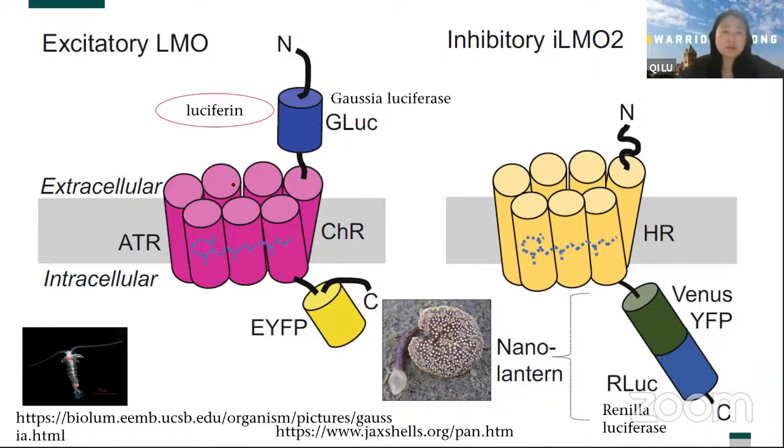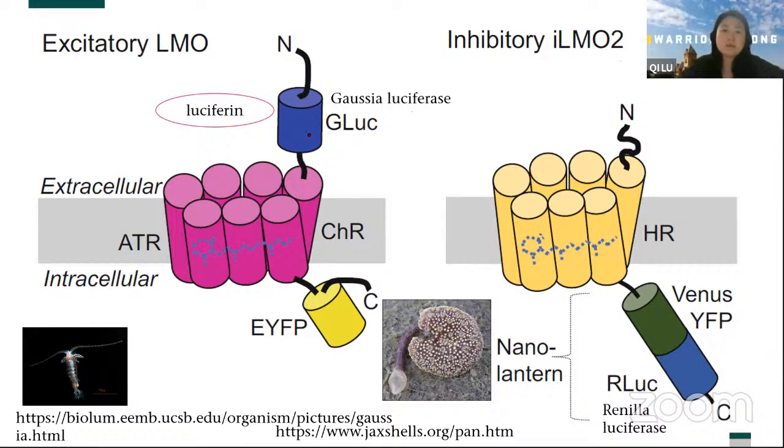The excitatory one uses channelrhodopsin, a cation channel, linked with Gaussia luciferase. This luciferase comes from a deep sea organism, and its substrate is luciferin.